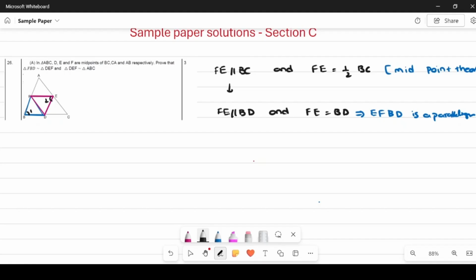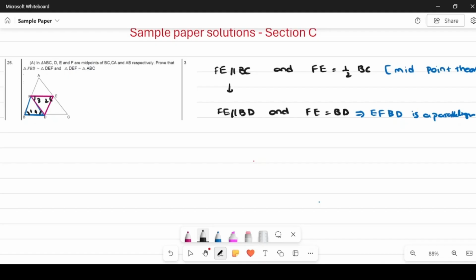And if we take EF parallel to BD, with FD being the transversal, alternate interior angles are equal. Angle F of triangle DEF should be equal to angle D of triangle FBD. So since we got two angles equal, by a rule of similarity we can tell that these two triangles are similar. Let us say this is angle 3 and angle 4.